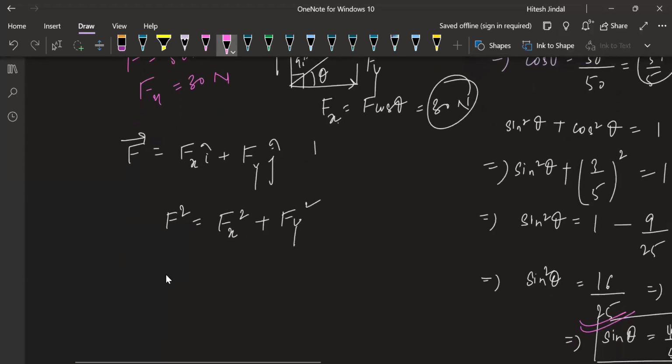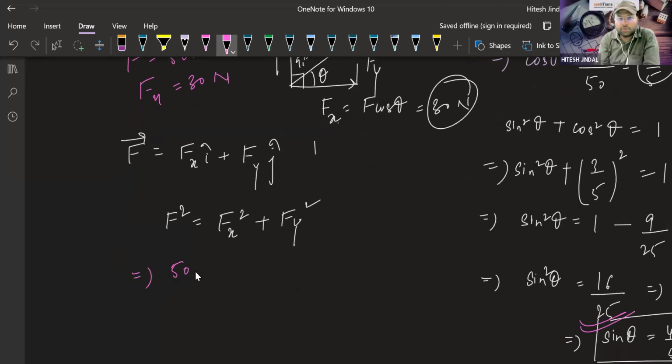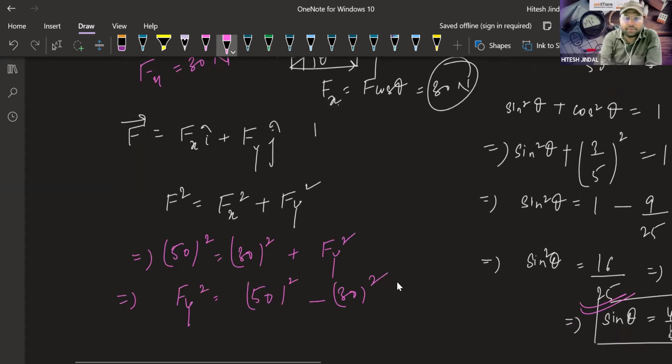Sir, I found out with this way only. Right? Good. So it is 50 square, Fx is 30, and Fy square. From there you will see what Fy square will be: 50 square, and 30 square goes to the other side so it becomes minus 30 square, okay?